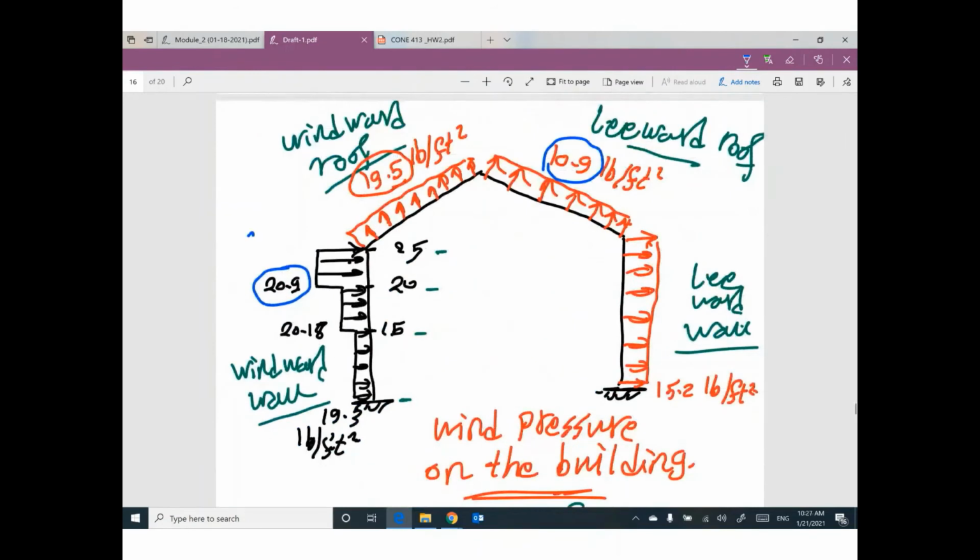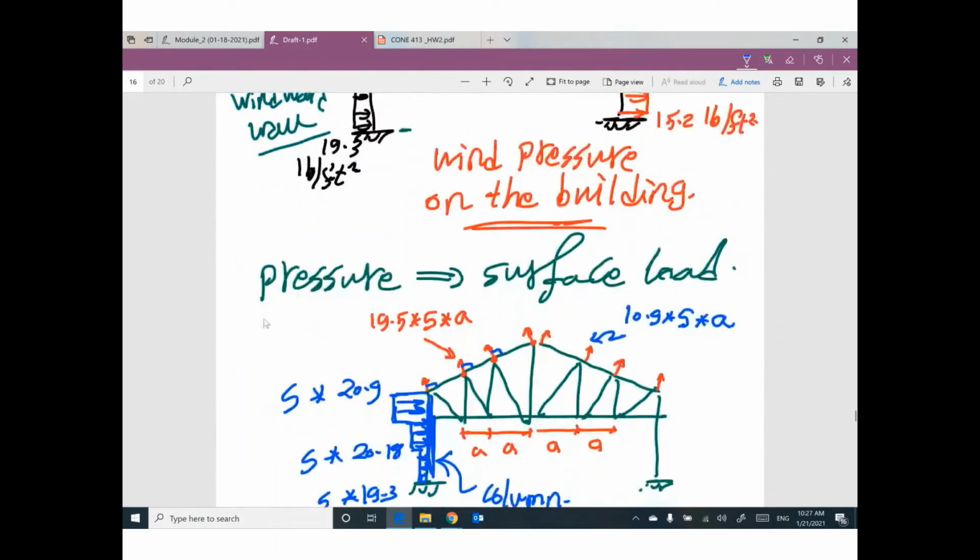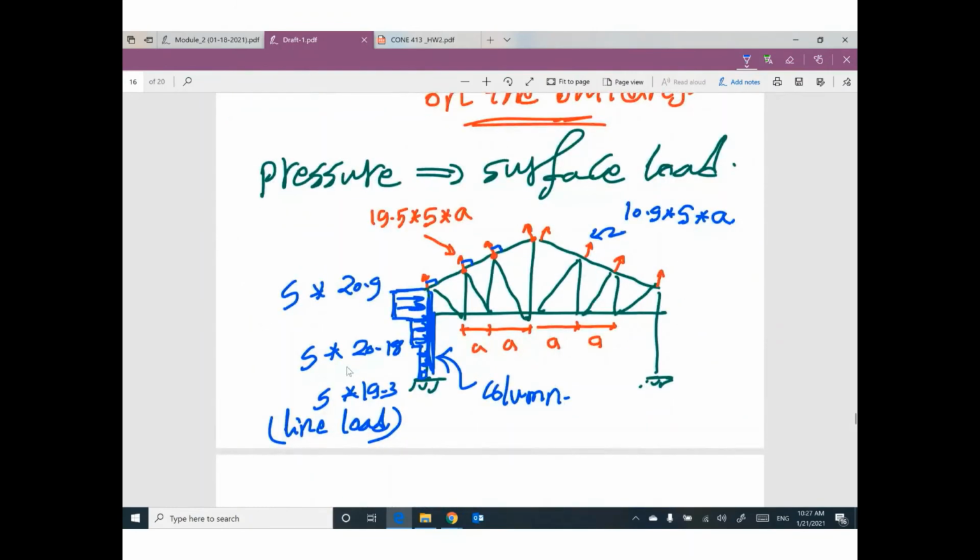This one is a surface load on the side of the building. So I converted this pressure to only a line load on the column of the truss.